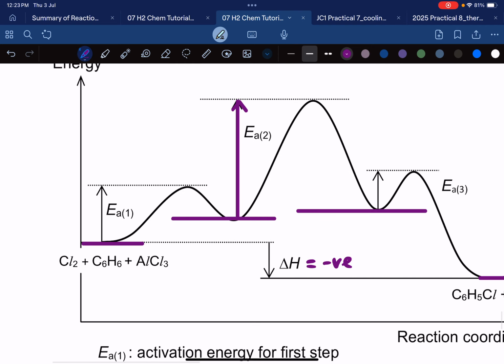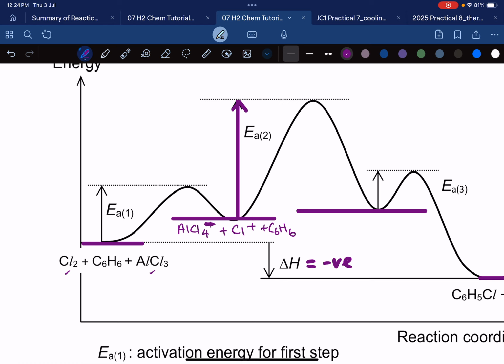If you look at step 1 of your mechanism, step 1 involves my catalyst reacting with my chlorine. So this will form AlCl4 minus and Cl plus. The benzene C6H6 is unreacted, so it should be there.